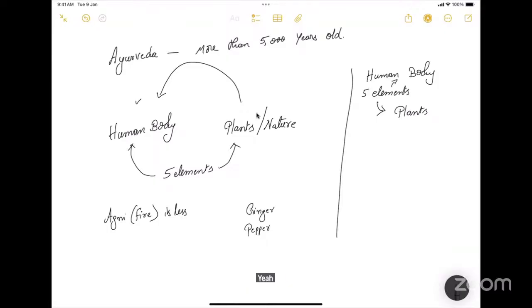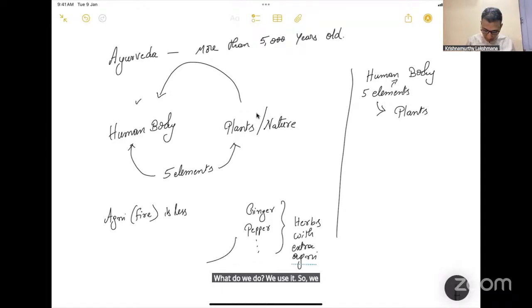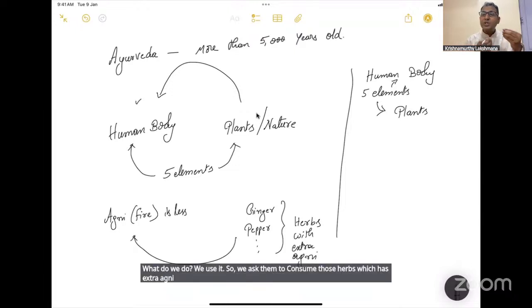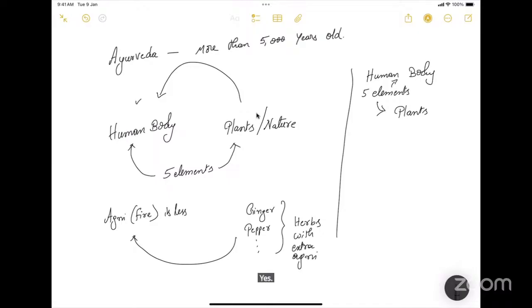Any of these herbs with extra fire, extra Agni, we use it. So we ask them to consume those herbs which have extra Agni, to compensate for the low Agni in the body. Making sense? Yes, sir.